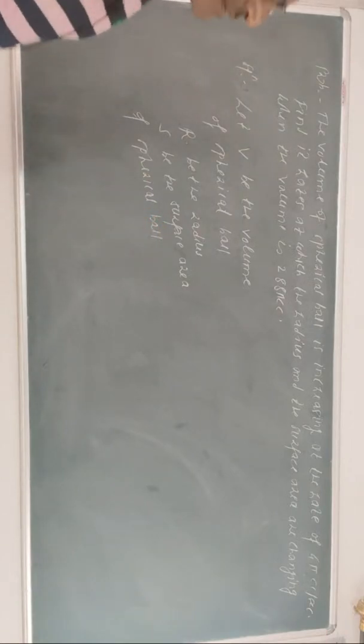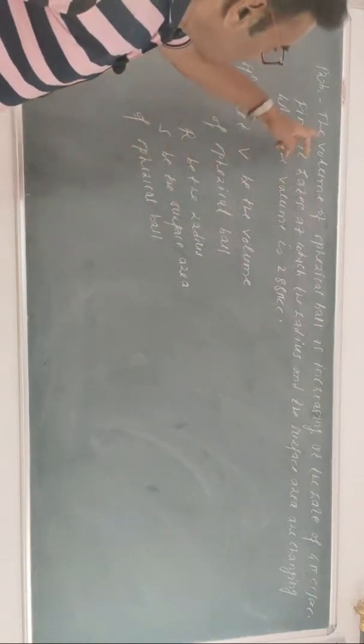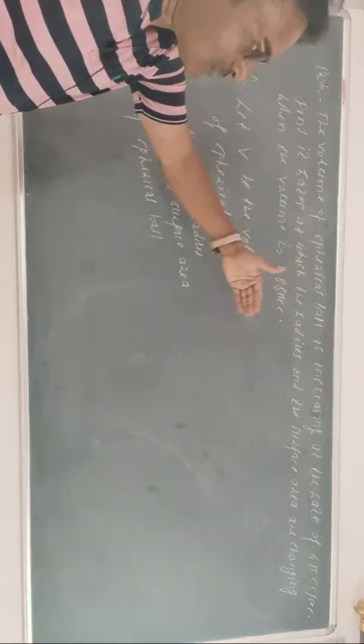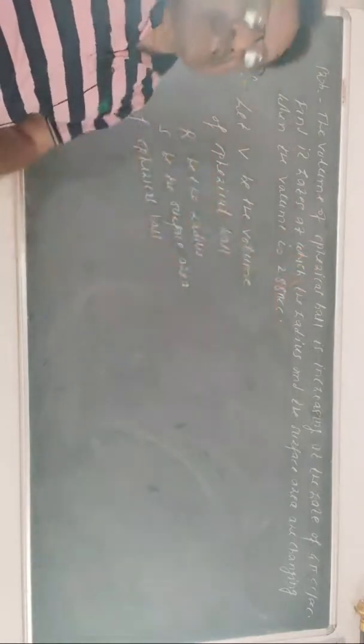Next we write given. It is given that the volume of the spherical ball is increasing at the rate of 4 pi cc per second.